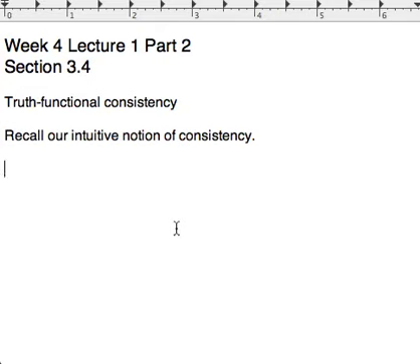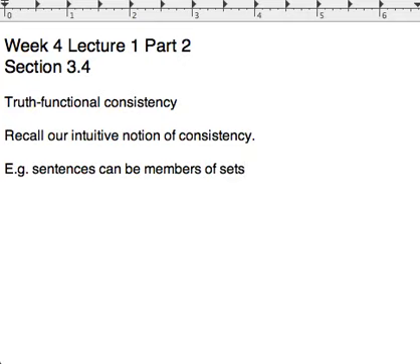In the same way as we can talk about collections of cars, we can also talk about collections of sentences, so sets of sentences. Sentences can be what are called members of sets. And we denote sets with the following symbol.